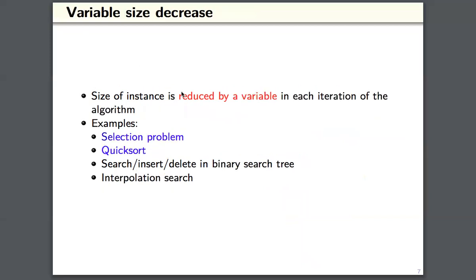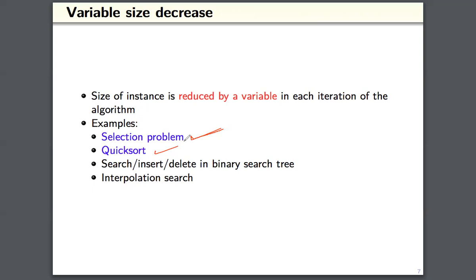Next, variable size decrease. Here the size of the instance is reduced by a variable size at every step. Selection problem, quicksort. Many people say that quicksort is a divide and conquer algorithm, but by the types we have defined here, which were defined by Anany Levitin, the author of our algorithms textbook, he is awesome in defining all these taxonomies, right?